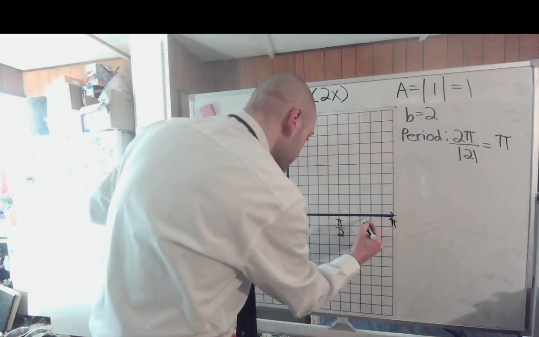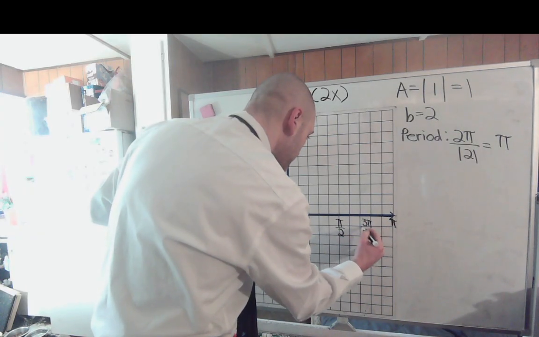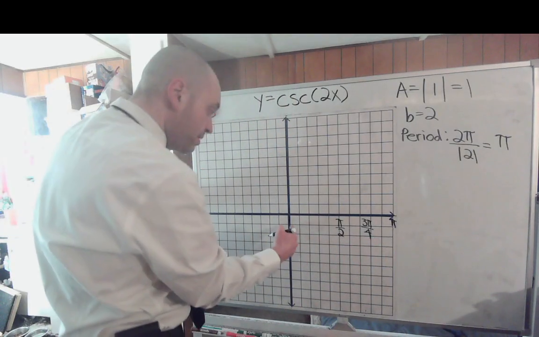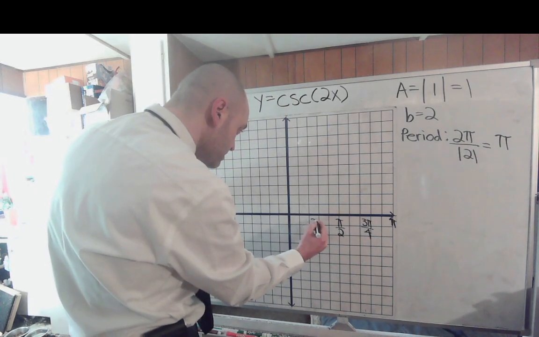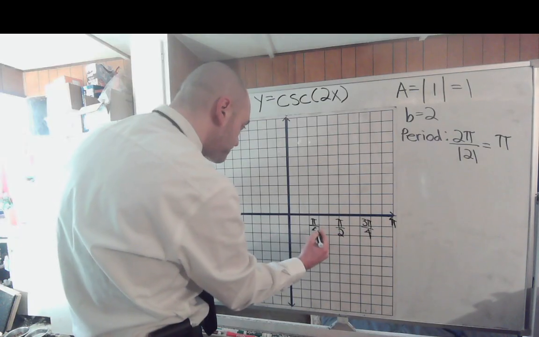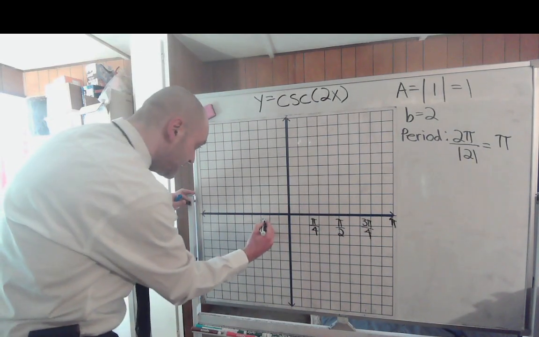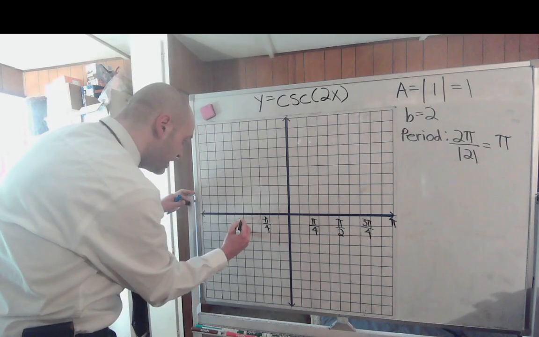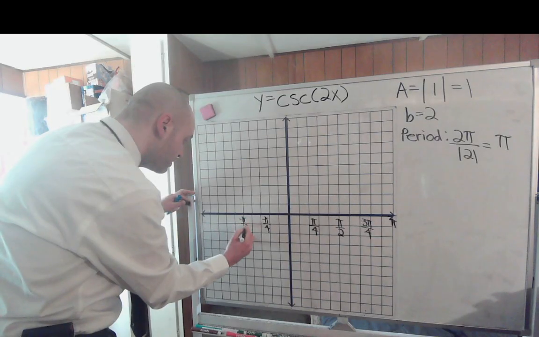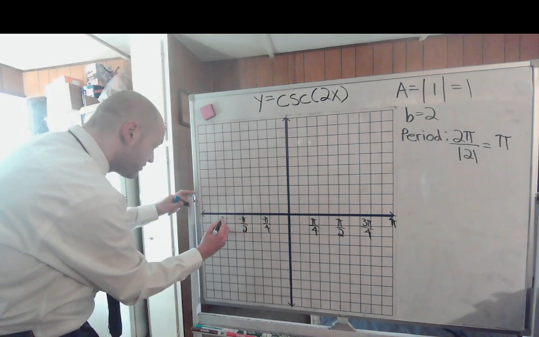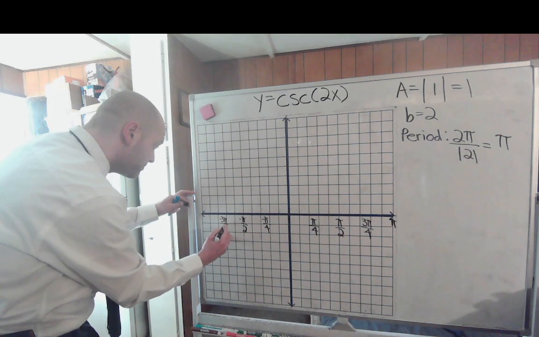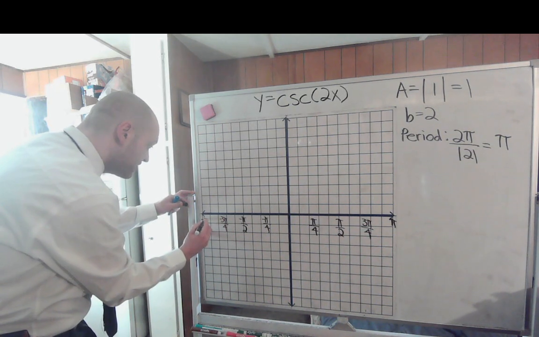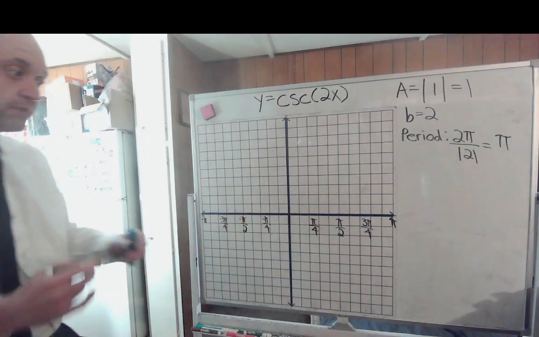Halfway between there is 3 pi over 4. Halfway between 0 and pi over 2 is pi over 4. And we got negative pi over 4, negative pi over 2, negative 3 pi over 4, and then we just have negative pi. So there's 2 full periods.